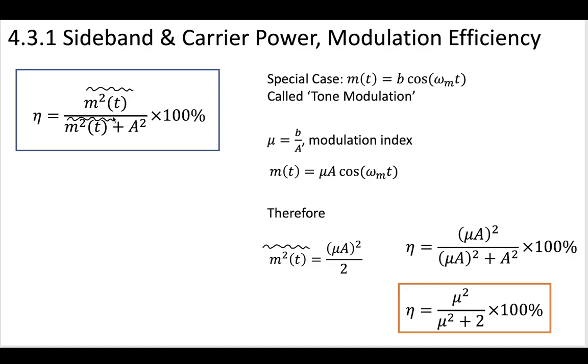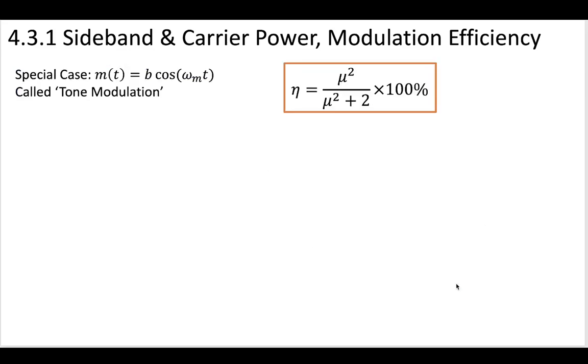And we can further simplify it by bringing out the A square terms and canceling those. So for the special case of tone modulation only, we have an efficiency that is governed entirely by the modulation index. Now, in this case, we could recall that the modulation index should be somewhere between 0 and 1.